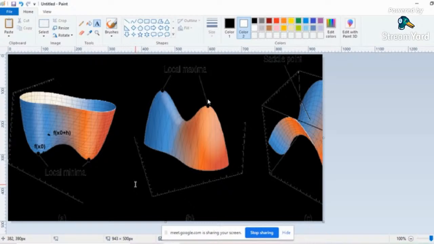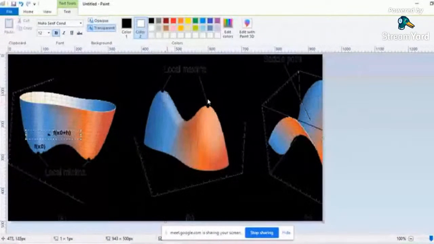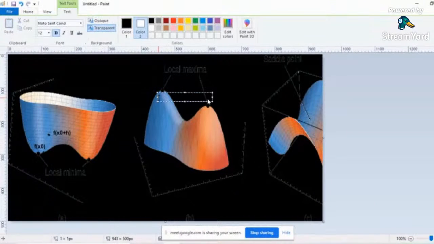If we consider another point here, you can see this is also greater than f of x naught, greater in the sense of the multivariate setup.